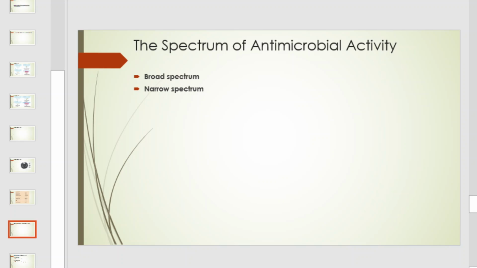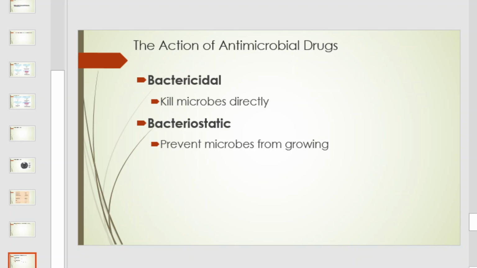A broad spectrum pesticide, just like a broad spectrum antimicrobial agent, is effective against a large number of microbes and vice versa for the narrow spectrum. Antimicrobial drugs may either be bactericidal or bacteriostatic. Bactericidal antimicrobial drugs will kill microbes directly, while bacteriostatic will prevent the microbes from growing.